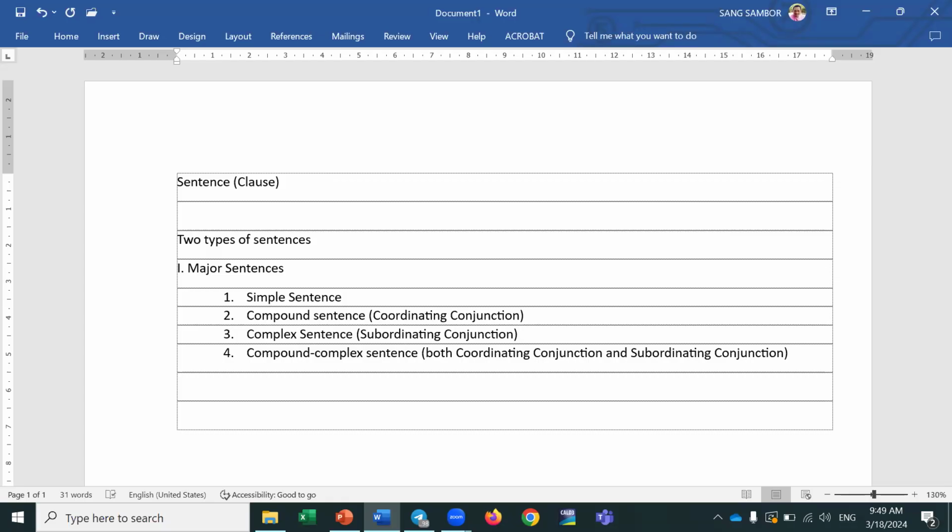So what is minor then? Minor sentence is the sentence which is constructed not following rule of system or systems of rule.